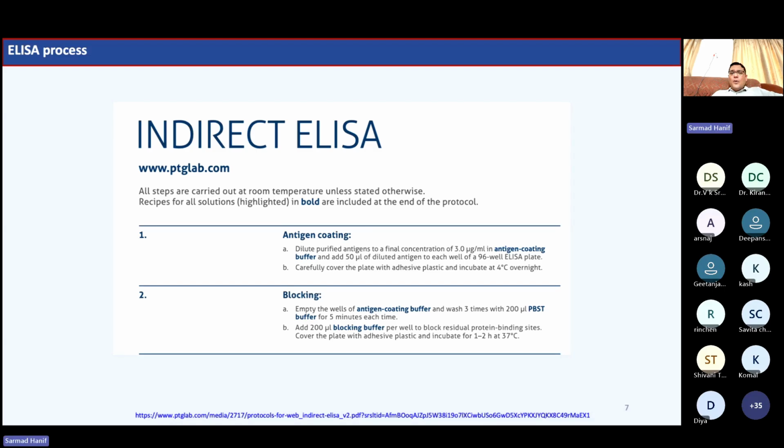If you want to do the next step, which is the blocking step, for example, after 2 or 3 hours or 4 hours, you can put this antigen coated plate at 37 degree centigrade, so that your reaction is a little faster compared to 4 degrees centigrade.